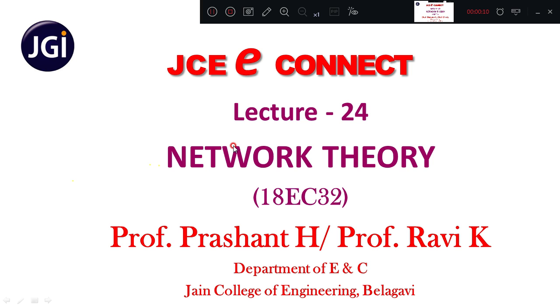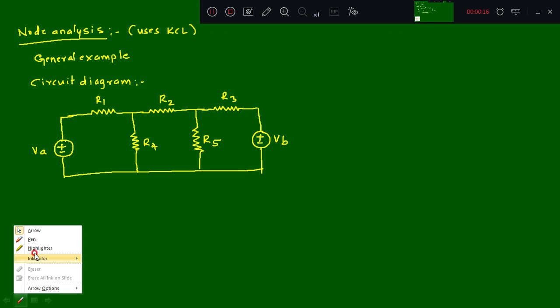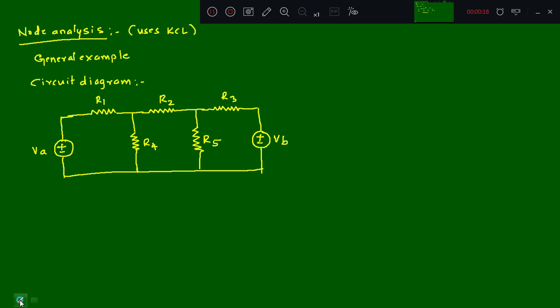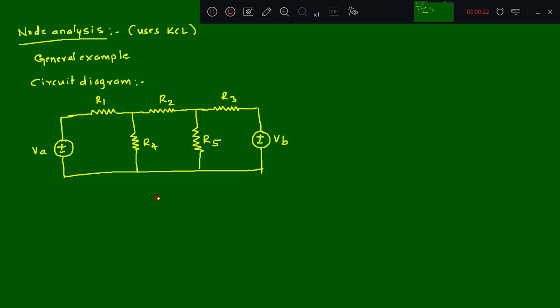So in today's class we will continue with a new topic, that is node analysis. So far we have discussed mesh analysis, source transformation, and star-delta conversions. In those concepts we include KVL, Kirchhoff's voltage law, but in node analysis we will make use of what?